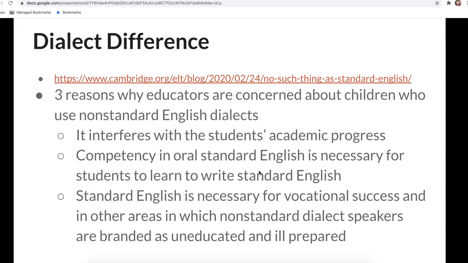That what we read, what we write, is generally supposed to be in standard English, and so it can be harder for people who don't speak standard English to then read and write standard English. And then the last idea, right? Standard English is necessary for vocational success and in other areas in which non-standard dialect speakers are branded as uneducated and ill-prepared, right?